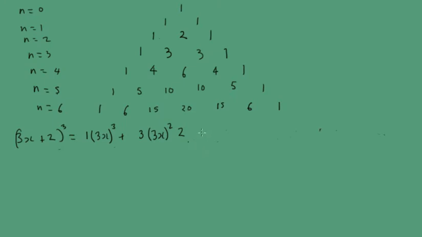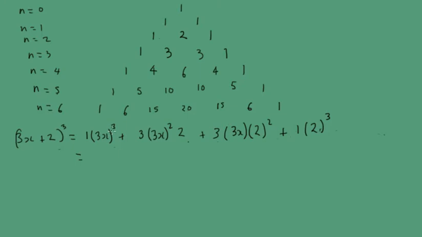And we've got another coefficient 3, and this time it's 3x to the power 1, and now we're going to have 2 squared, and then we'll have 3x to the power 0, so that's just going to be 1, and we've got our coefficient of 1 here, and then we're going to have 2 raised to the power 3.